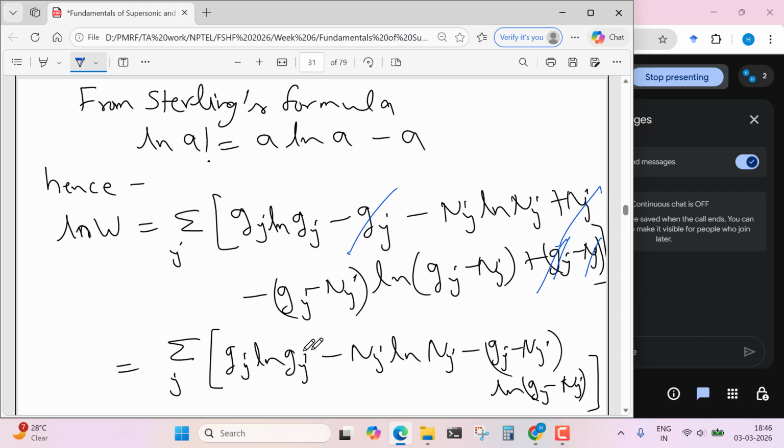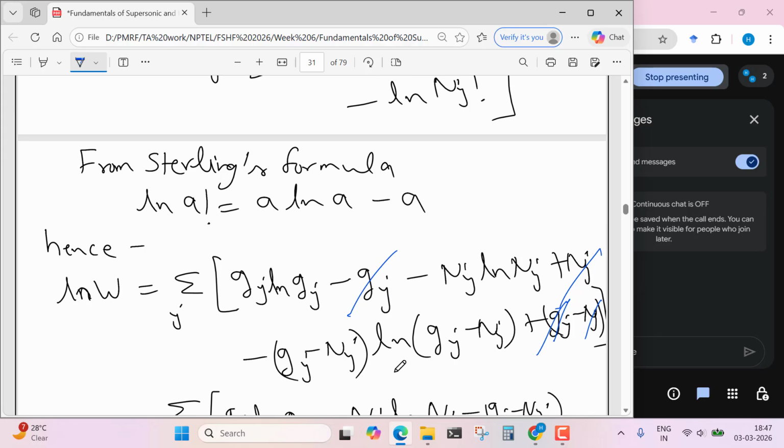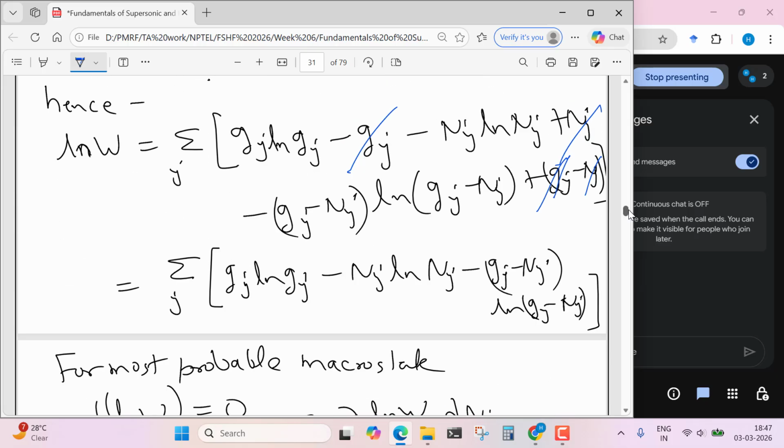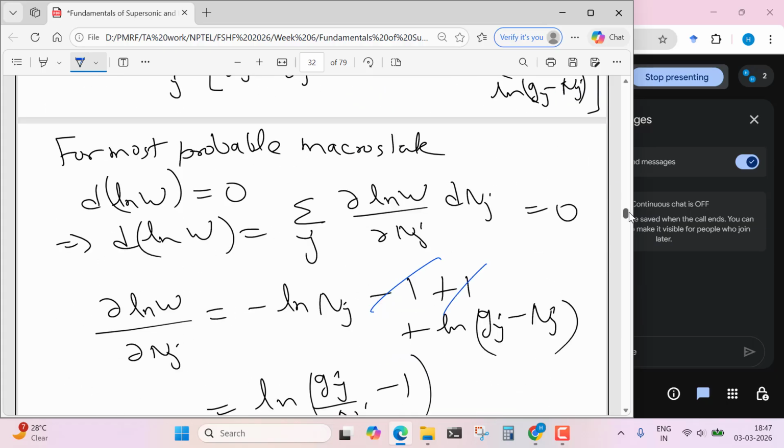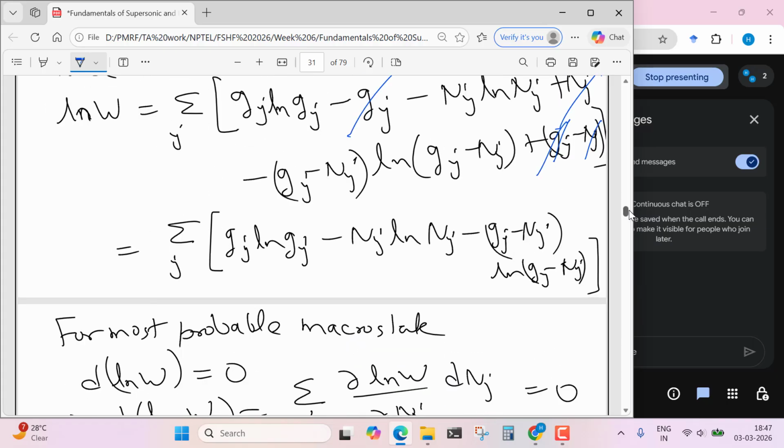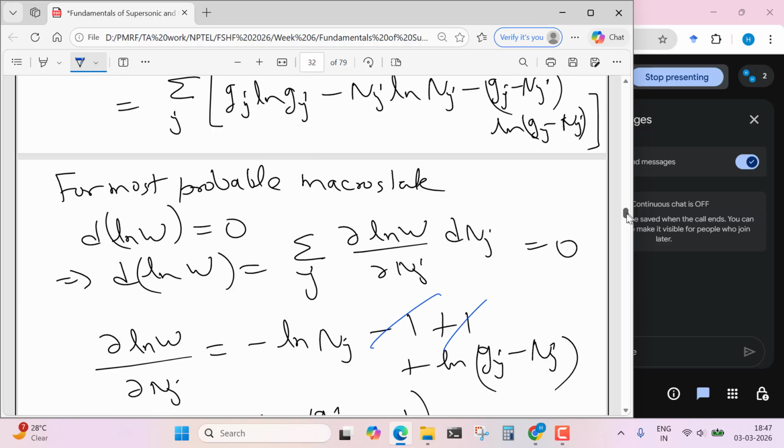Now we will take the terms with Gj and Nj together. Similar to before, for the most probable microstate we write d log W equal to 0, and before we have found d log W equal to sigma j dou log W upon dou Nj dNj equal to 0.